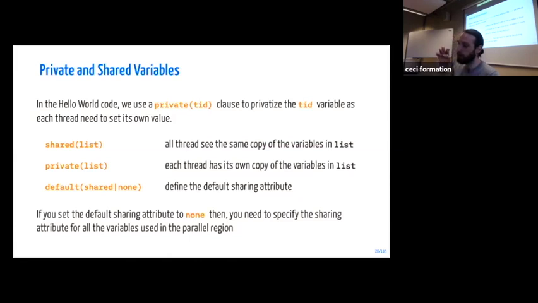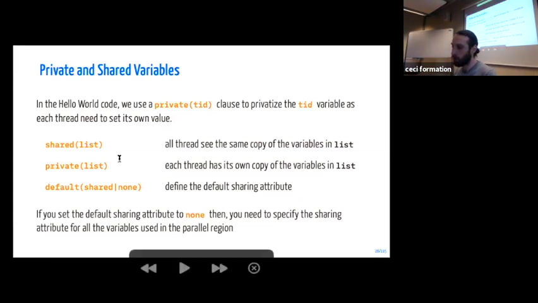And you can also set a default either to shared or none. By default, the value is shared. All the variables that are declared outside of your parallel region are set to shared, but you can define the default value to be none. And then if you don't define if a variable is shared or private, your compiler will complain and say, oh, you need to set it either shared or private depending on your needs.